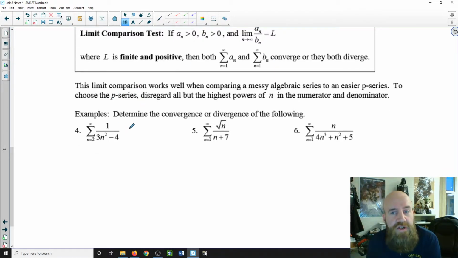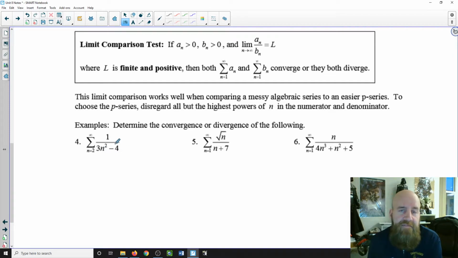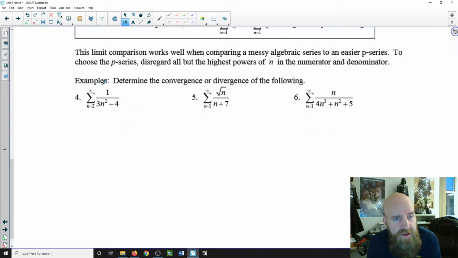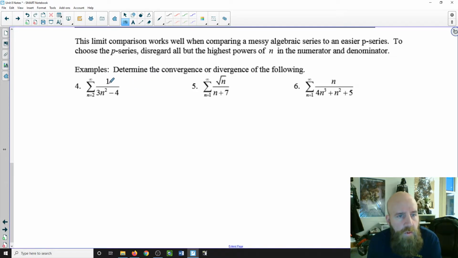So it's the same situation. You're given a series and we have to think of another series. It's very similar to the direct comparison test. When I'm looking here, it says stuff about disregarding highest powers, but I'm going to make it a little bit easier on you. We want to come up with a series that we could divide this by so we can take the limit easily.